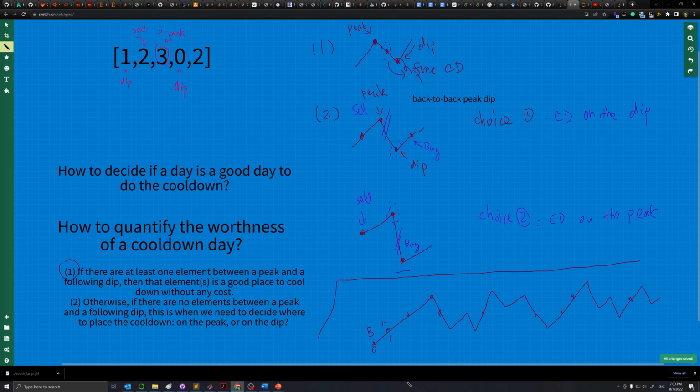Let's use a dash to mean do nothing. We may want to sell here, but since we have this thing here, we can definitely use this as a CD, right? So we're definitely holding, and at 3, we're definitely selling because we can take this free cooldown here, right? This is a free cooldown.